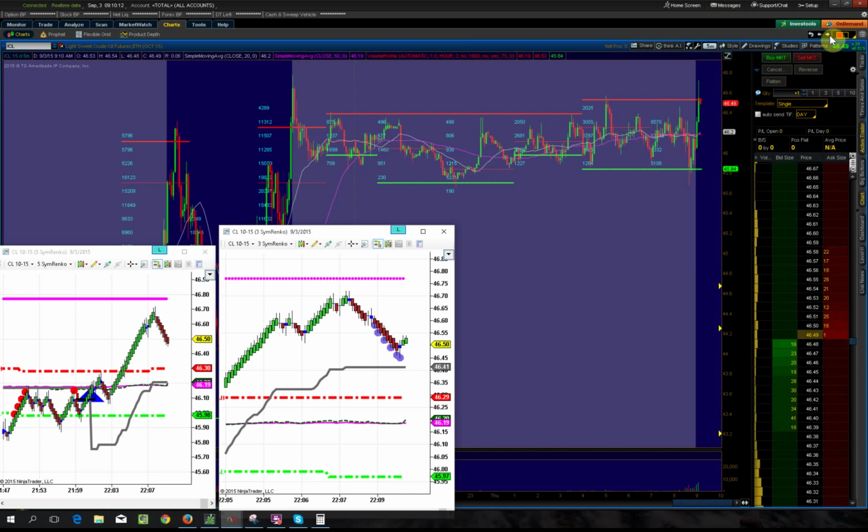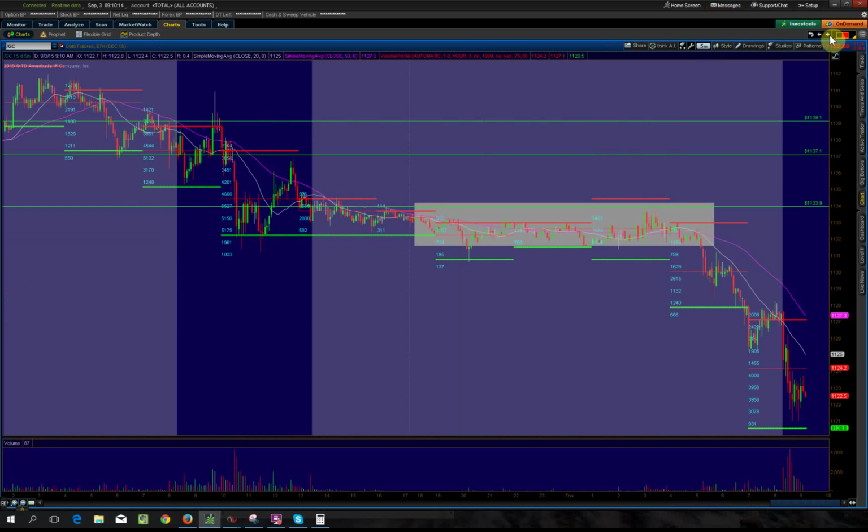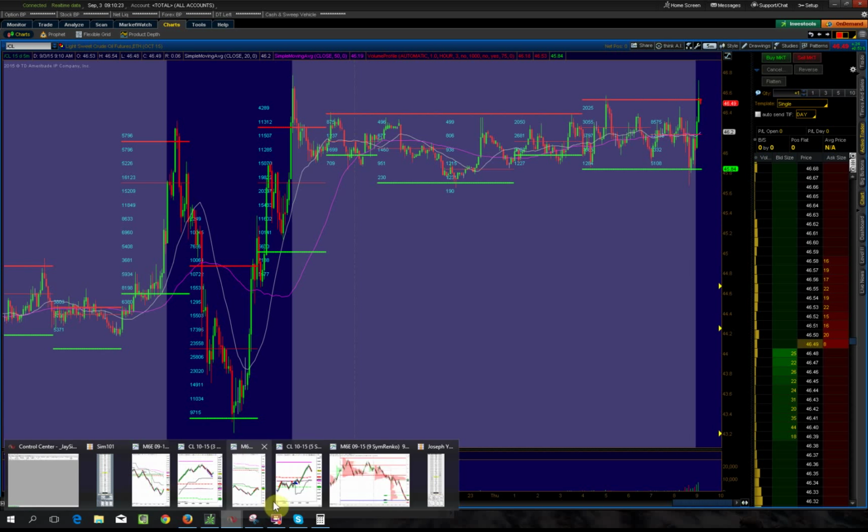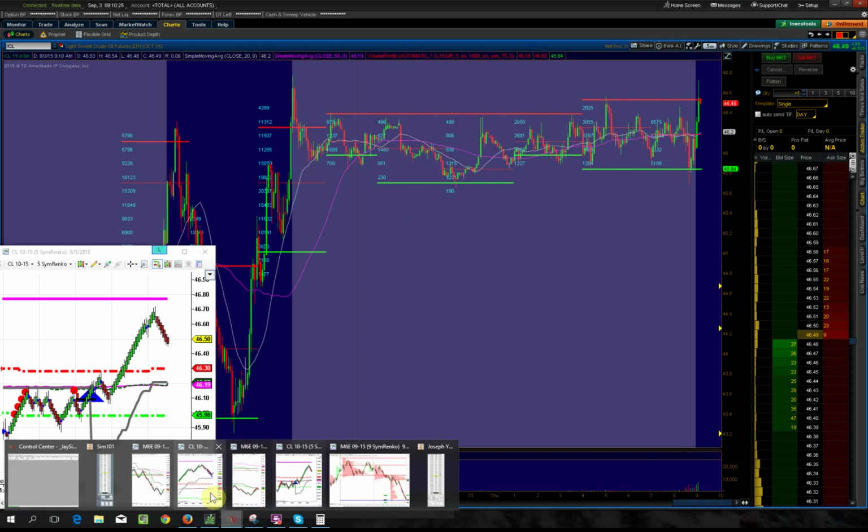Like it did here, it pushed down, stayed down, and then moved down even further. This one literally had like one 5-minute bar, pushed up, and now it looks like it's coming back down to retest it.